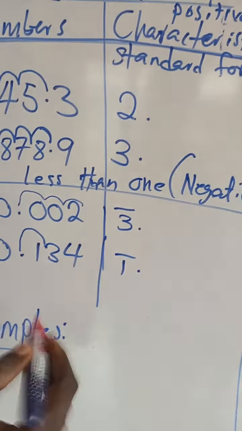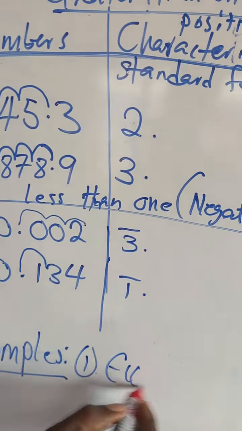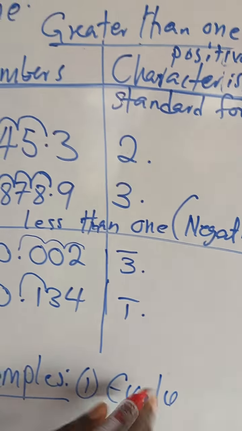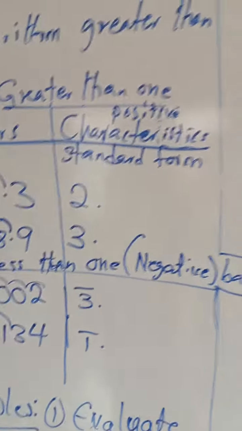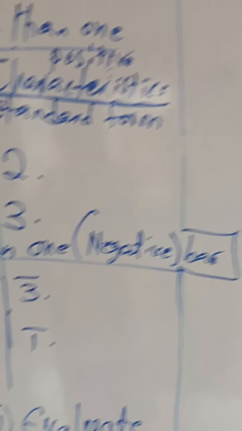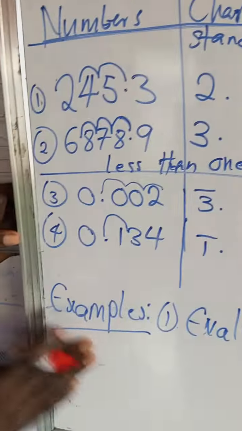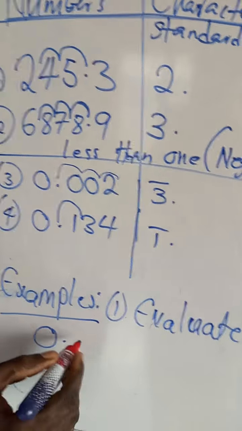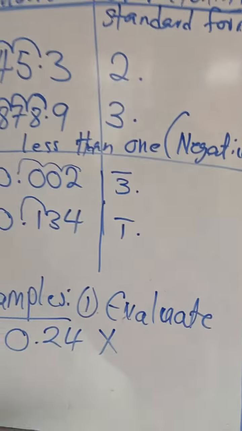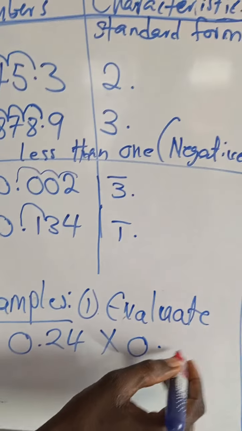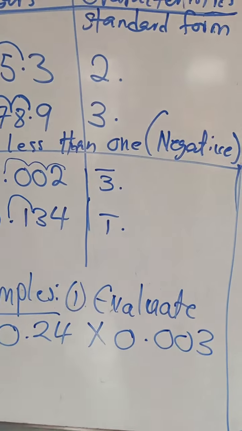Let me give you an example. It says evaluate, take for instance, 0.24 times 0.003.